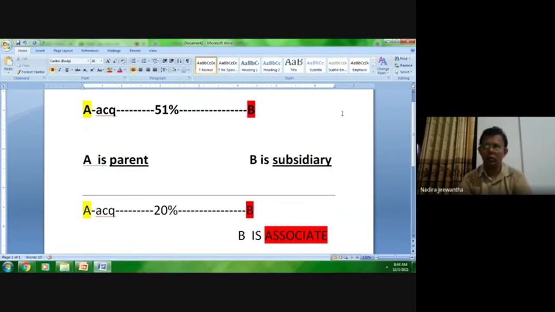Who is the owner of this particular B company? A. Company A acquires 51% of B.